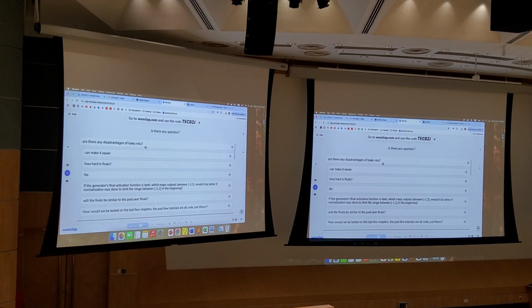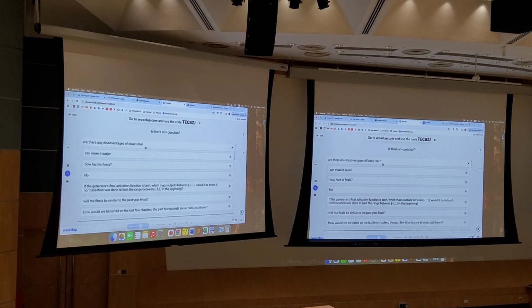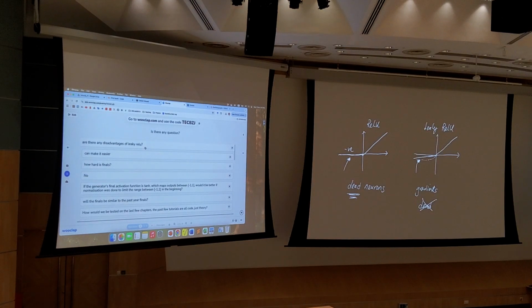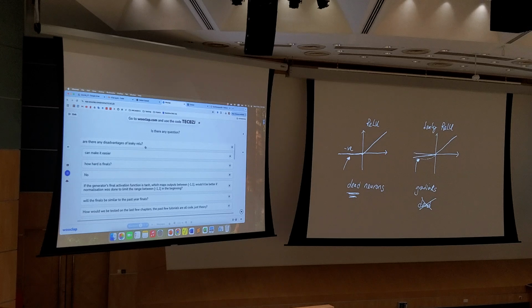Are there any disadvantages of leaky ReLU? There isn't a comprehensive comparison to say that leaky ReLU is bad at certain things, but there are some alternative activation functions. This is ReLU. There are other functions that provide more flexibility, for example, the one I drew with the dashed curve.